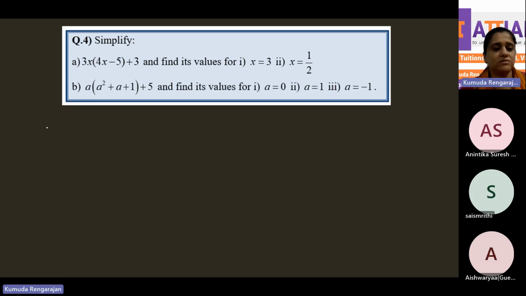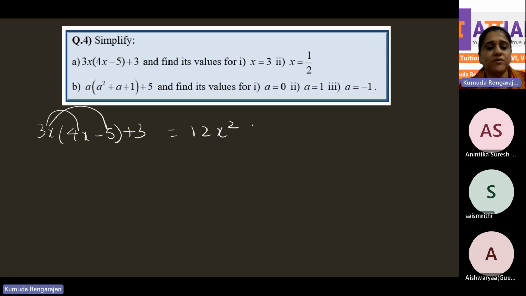We have two subdivisions. This is the first one. Now we need to first simplify this. Simplify means open the bracket. 3x into 4x, 12x squared. 3x into minus 5, minus 15x, plus 3. We have simplified.